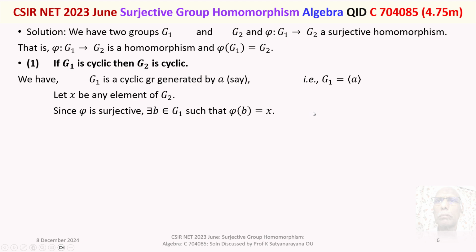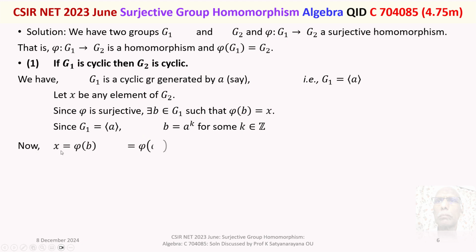Right. Since G1 is cyclic generated by A and B belongs to G1, B is equal to A power k for some k belongs to Z, because G1 is cyclic.